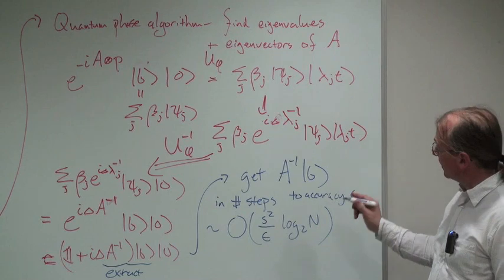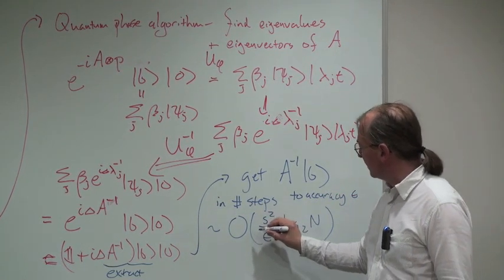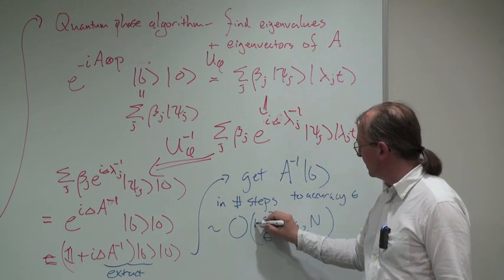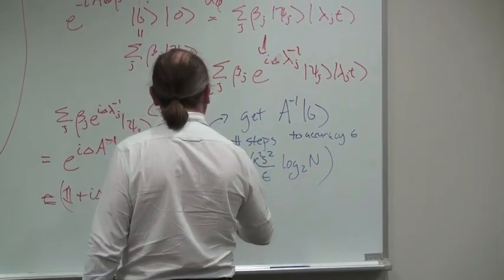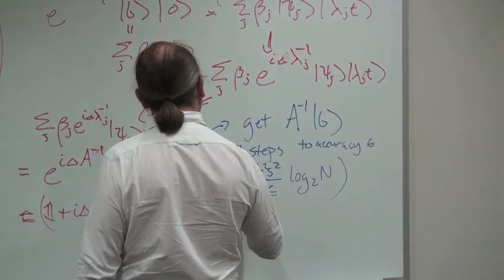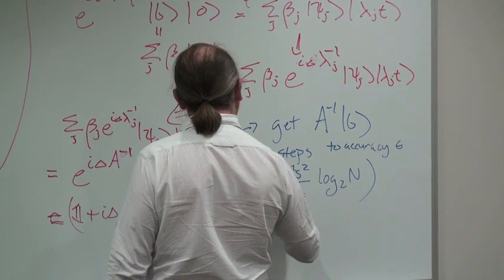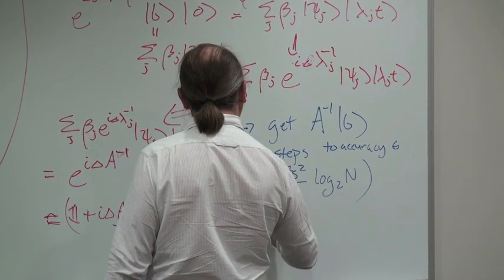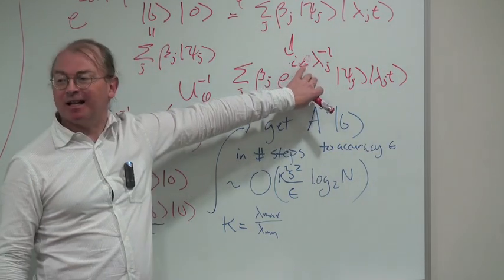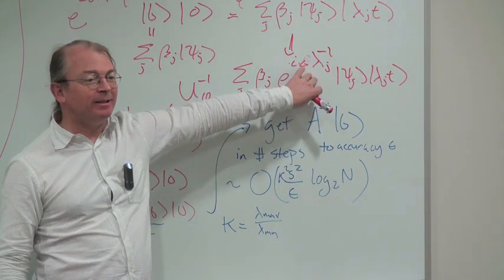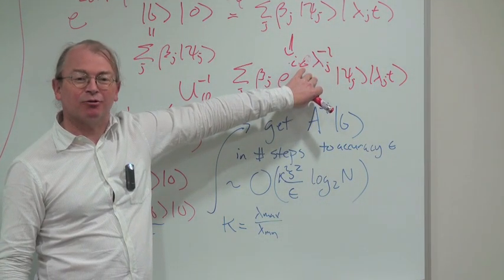Oh, and then actually there is another number here, which is kappa squared. Kappa is called the condition number, equal to lambda max over lambda min. So you see, if some of these eigenvalues are really small, then the inversion becomes tricky.